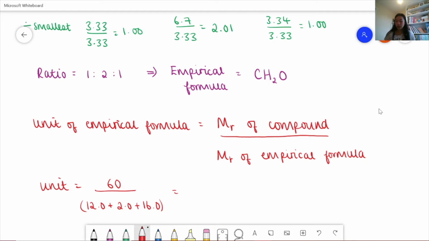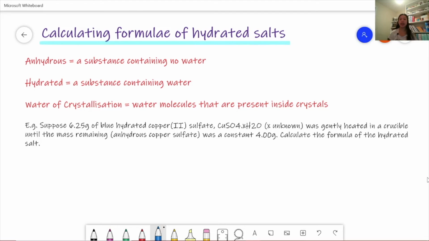And so this gives us 2, and so therefore the molecular formula is everything in the empirical formula multiplied by 2. So we have C2H4 and then O2.